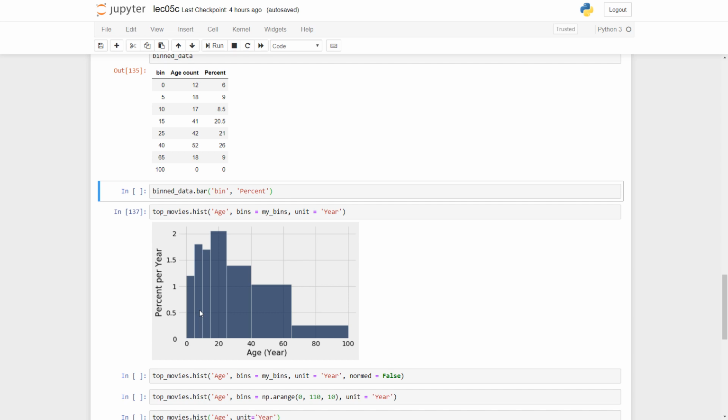Now, look at this bin. For example, this bin is very wide, right? That's from 65 to 100. By the way, it has the same percentage as the bin that we looked at before. But how about the density?